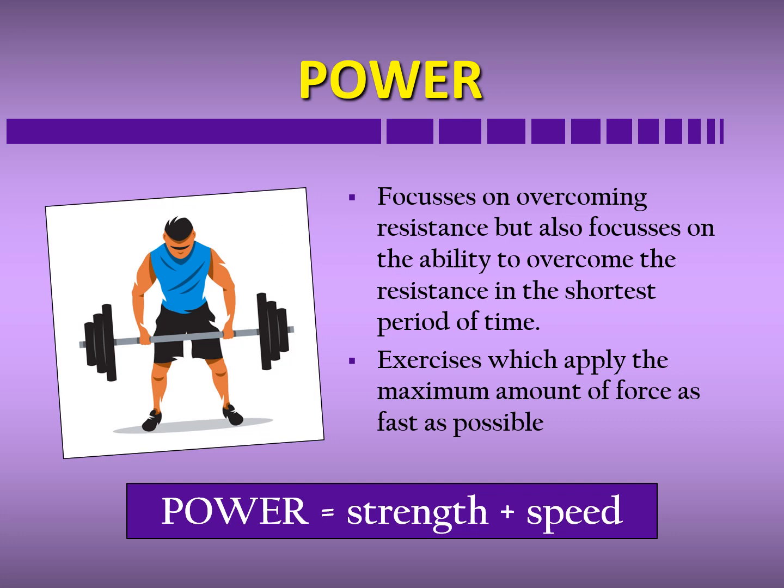It is exercise which applies the maximum amount of force as fast as you can. So we can define power as strength and speed. When you have strength and speed, it means you have power.